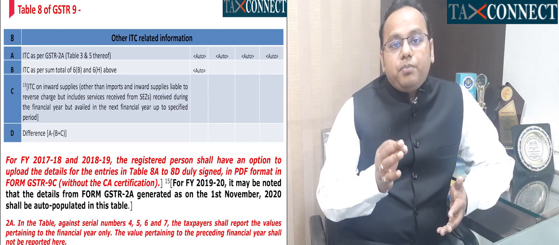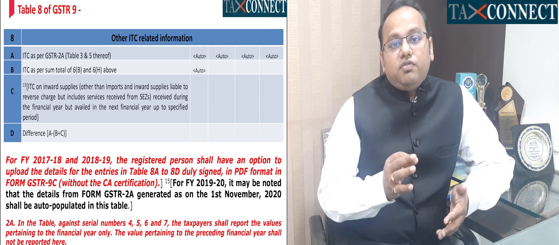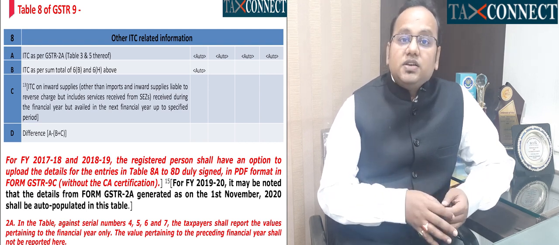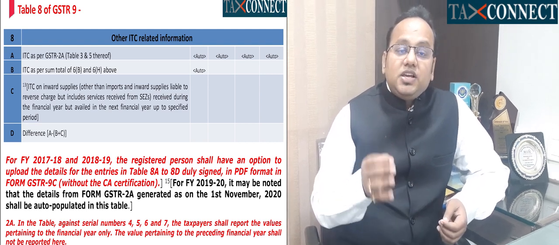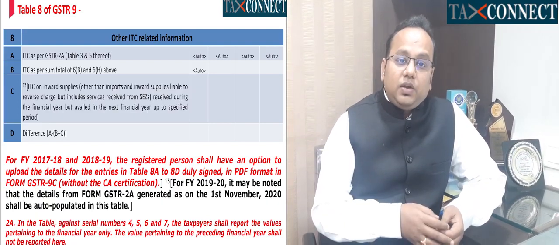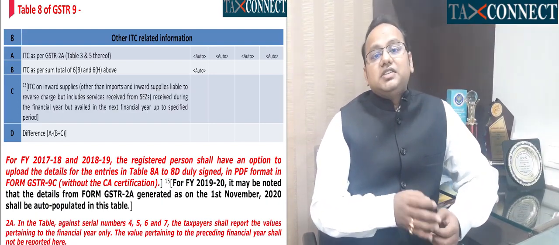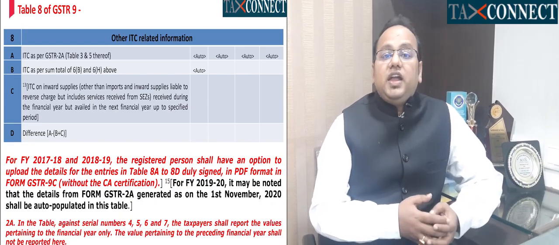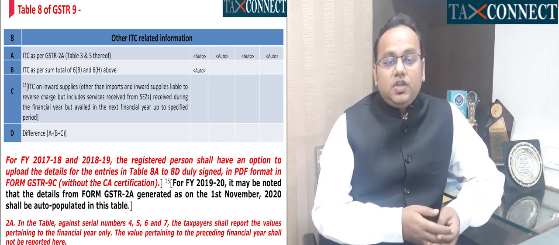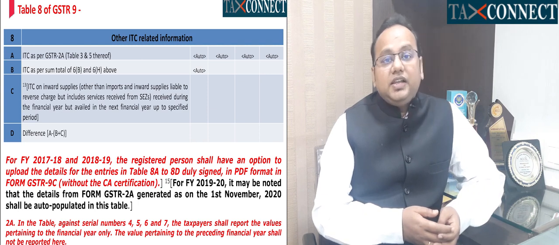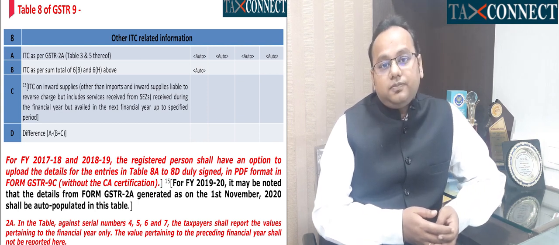Now a very important question over here is, in GSTR 3B of 2019-20, you would have taken certain credit of 2018-19 also. What to do with that credit? Whether to put it in 6B or not?